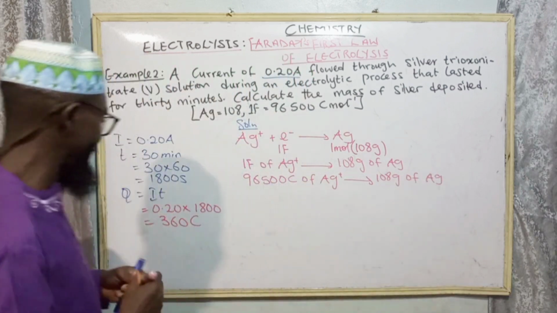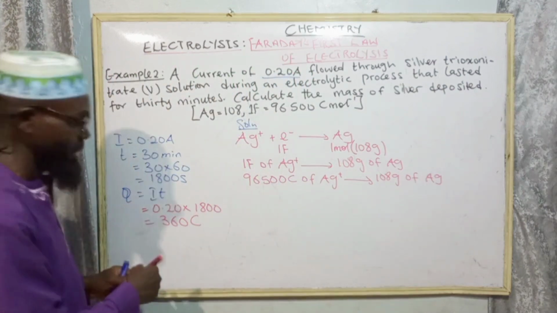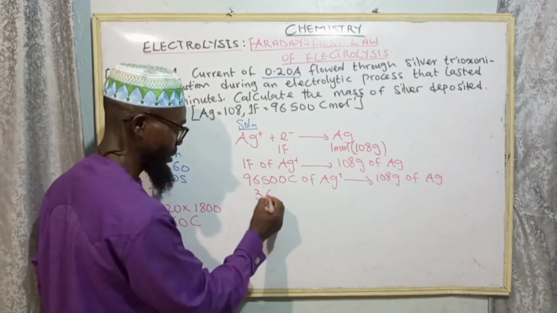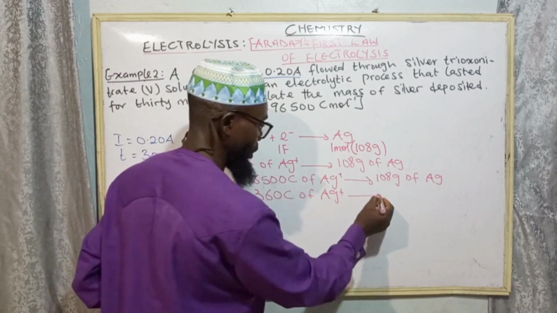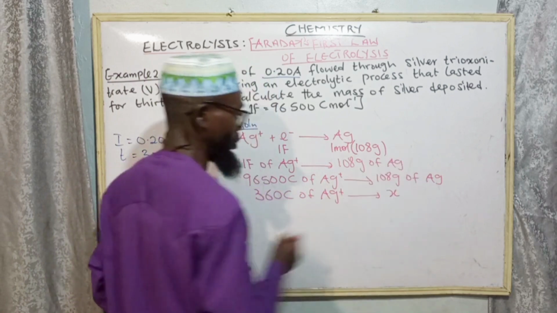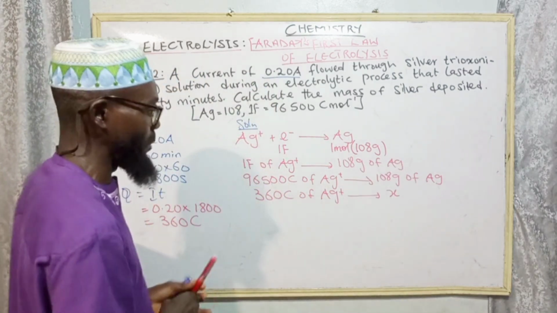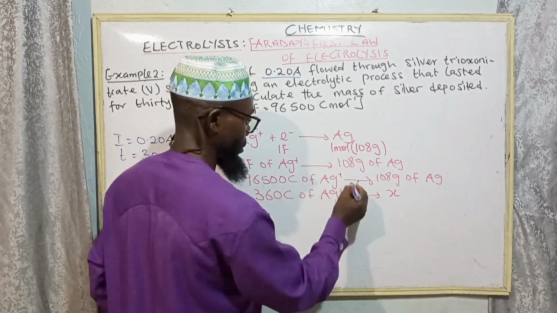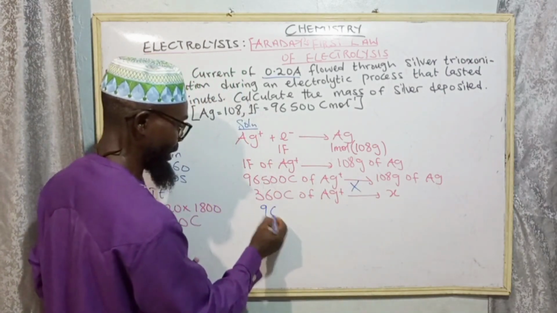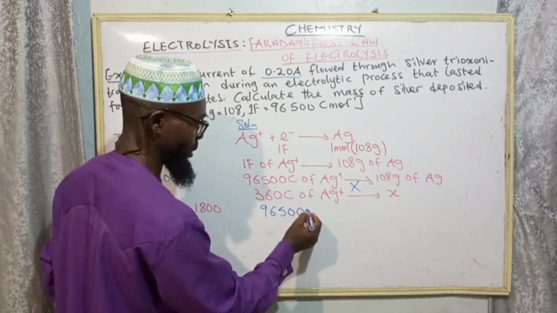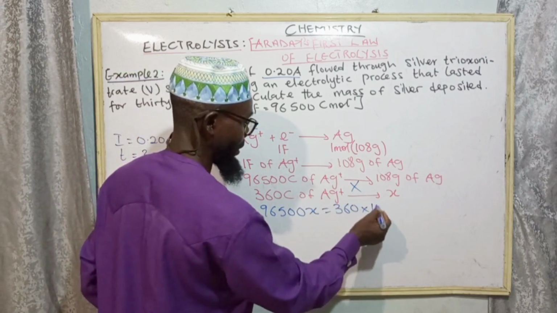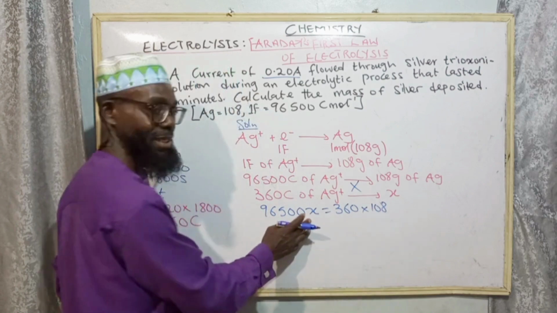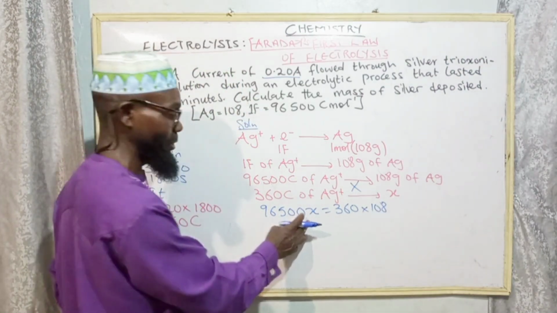Fine. This Q that we got, 360 coulombs of silver ion will produce how much? Let's call it X, unknown. We cross multiply here. 96500 multiplied by X is equal to 360 multiplied by 108. I need my X. I have to divide both sides by 96500.